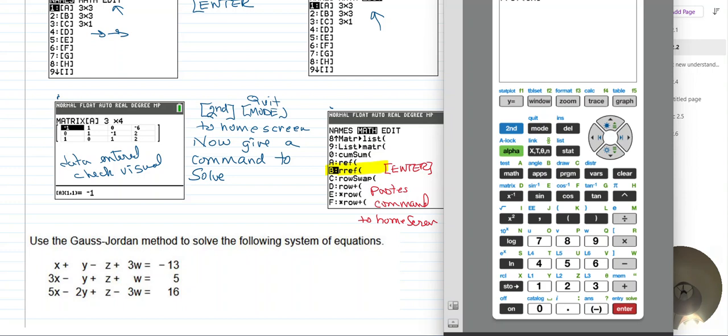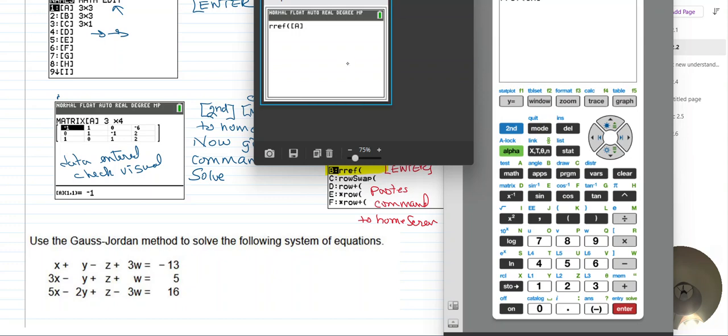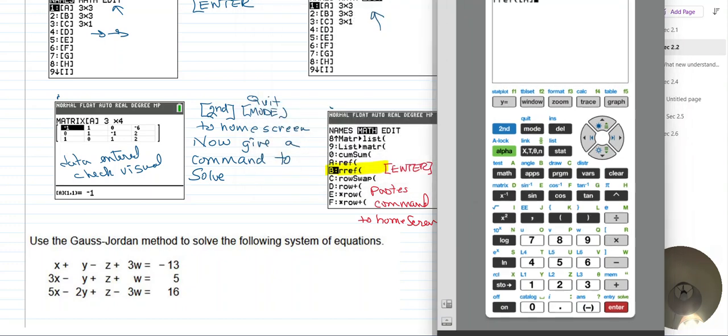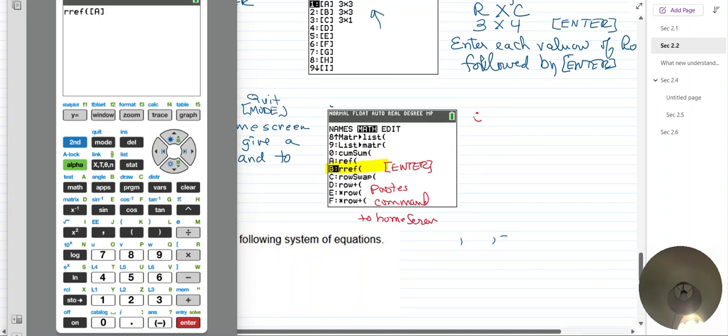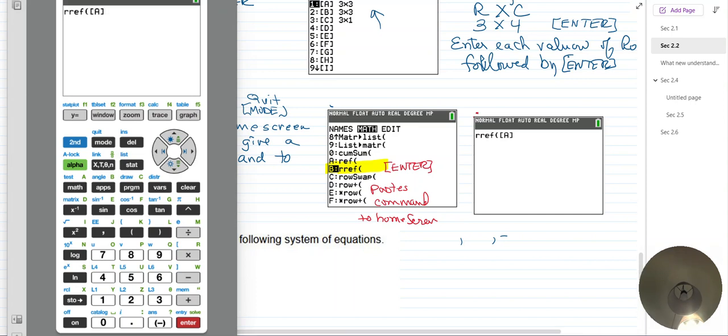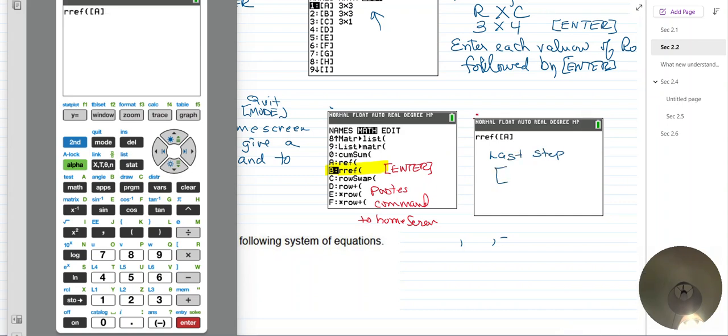It has to have a matrix to work from. And the last step is enter to say work it.